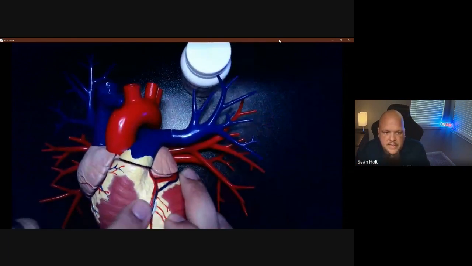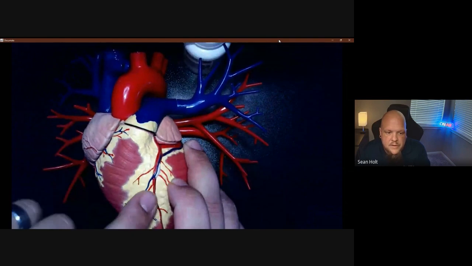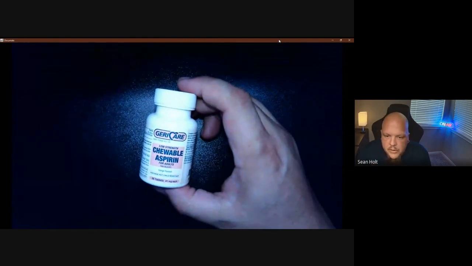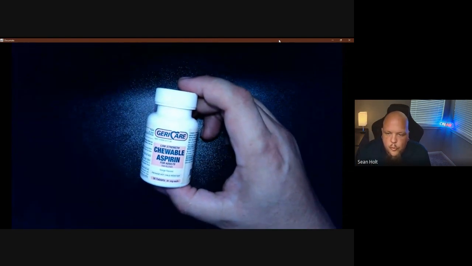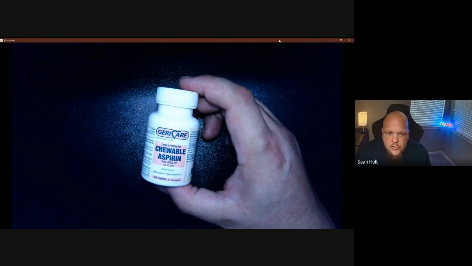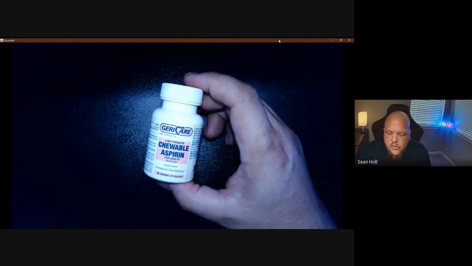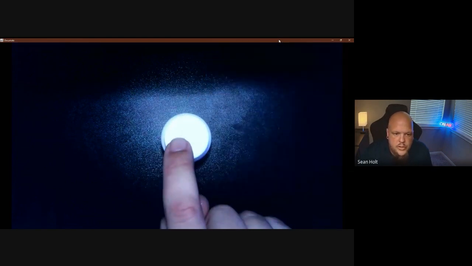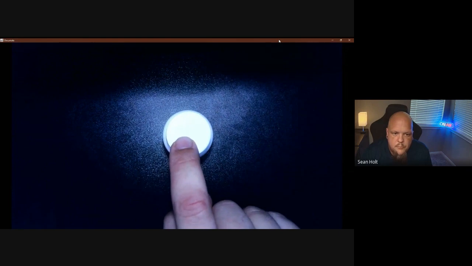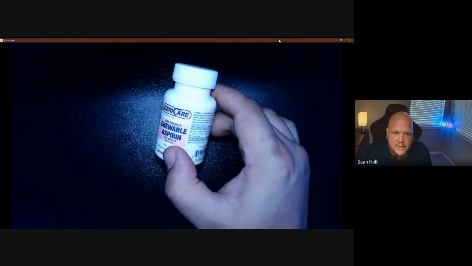Remember, the coronary vessels are the vessels on the outside of the heart that are perfusing the heart muscle. If a clot gets stuck in one of these, this aspirin is going to keep that clot from getting any bigger or new clots from forming. All right. So that's going to keep there from being more damage to cardiac muscle. Right. So here's aspirin, 324 milligrams, because that's 4 81 milligram tablets, chewable baby aspirin.